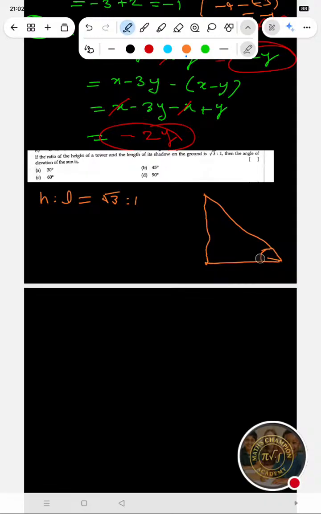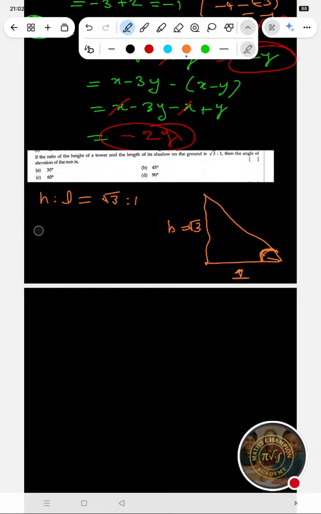So the height is root 3, and the length of the shadow on the ground is 1. Then what is the angle here that is being asked?